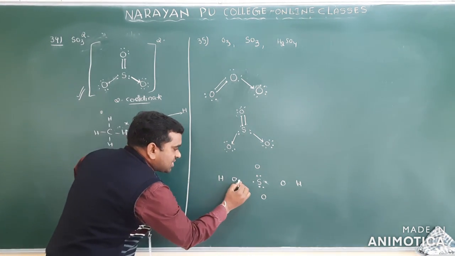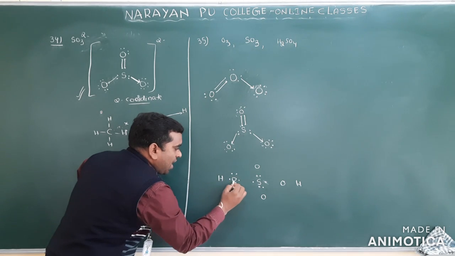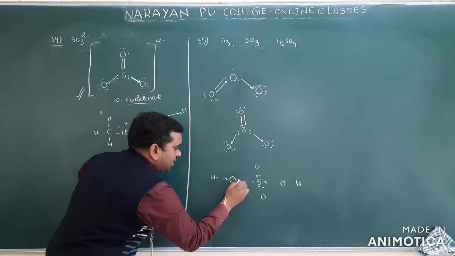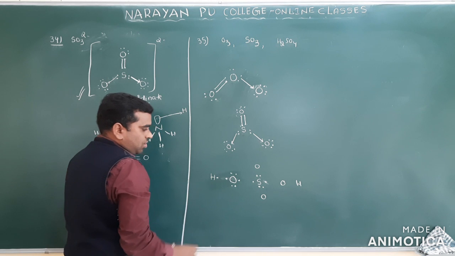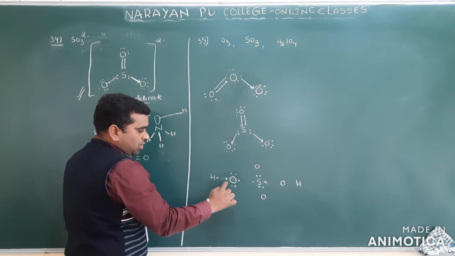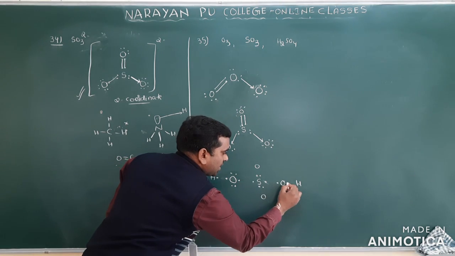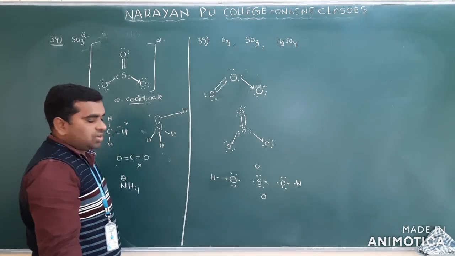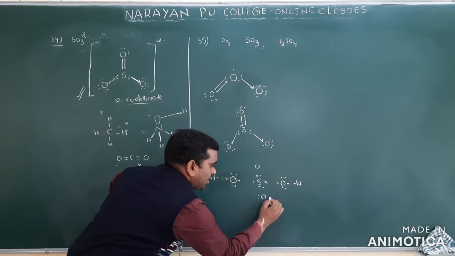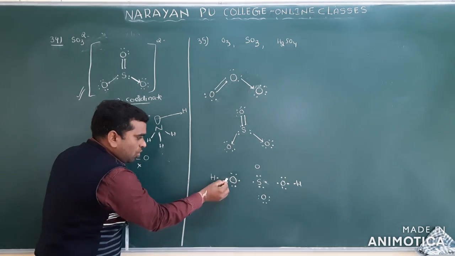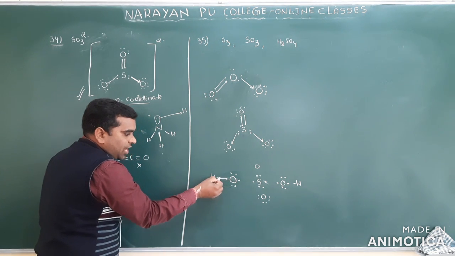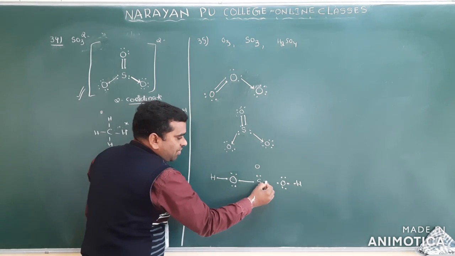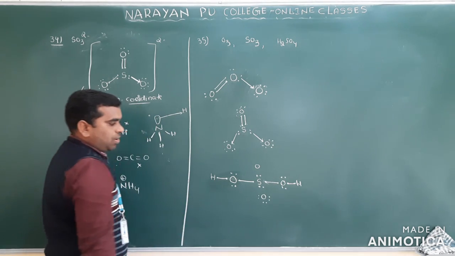The oxygens also have 6 electrons, and hydrogen has 1 electron. Hydrogen gives 1 electron and oxygen gives 1 electron, making 1 bond. Sulfur 1 electron and oxygen 1 electron, 1 bond. And here also 1 bond.